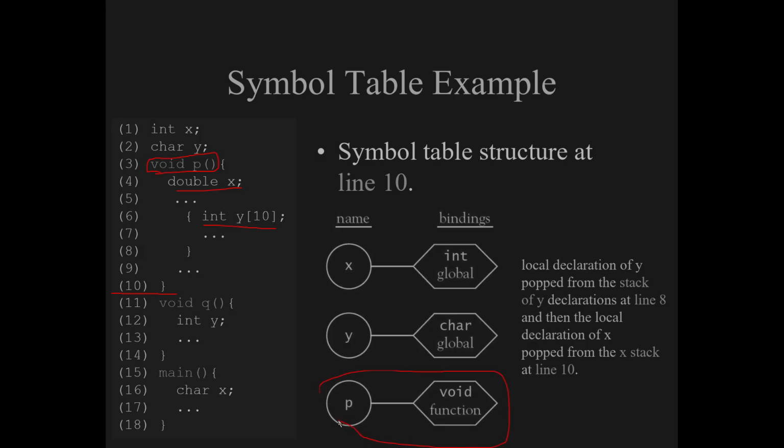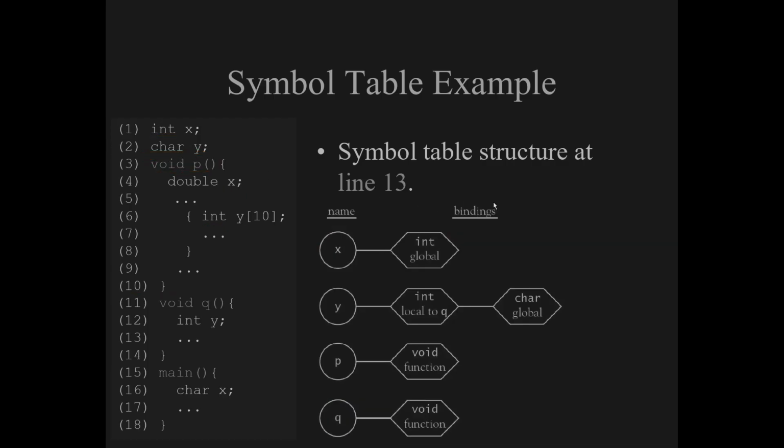Its binding is kept, but for x and y, we're back to the original bindings. Now at line 13, you have void q, so q is added to the symbol table as a void function, and you have the declaration of int y inside of q.